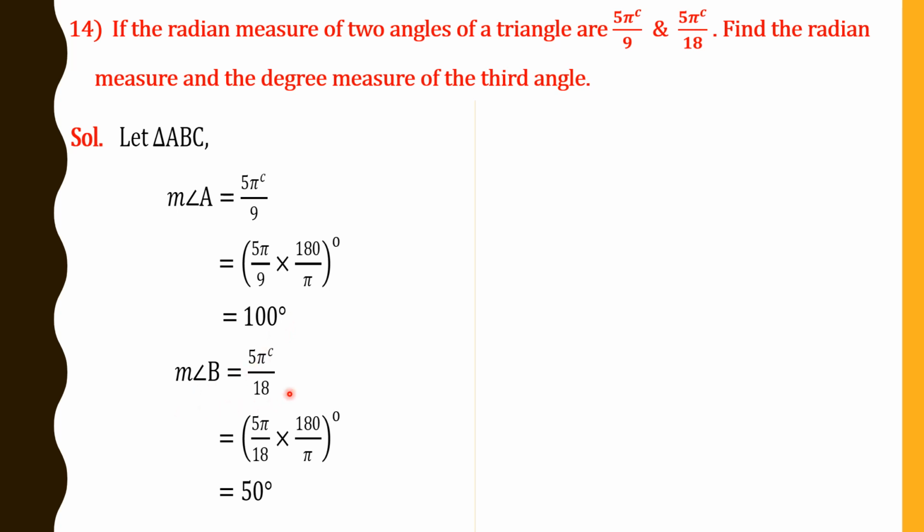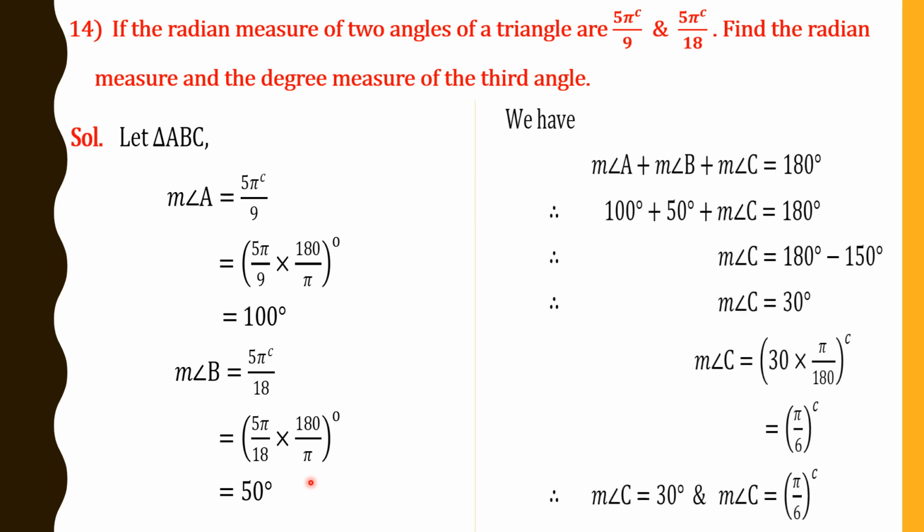Also measure of angle B equal to 5 pi divided by 18 radian, the second angle. Convert it into degree, multiply by 180 divided by pi. Pi pi cancel, 180 divided by 18 is 10. 10 into 5 is 50 degree. We have got two angles in degrees.